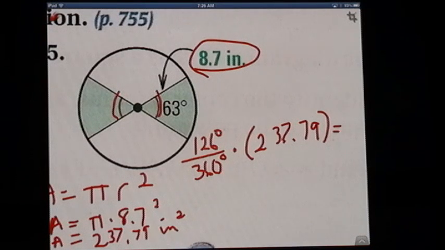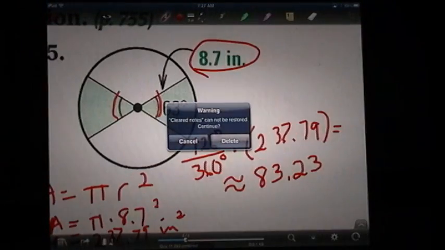And that is equal to approximately 83.23. Now, as you've been working through your book, you probably noticed that early on they were using 3.14 as pi, and now they're using the pi key. I'm noticing more and more as we were doing some comparison.